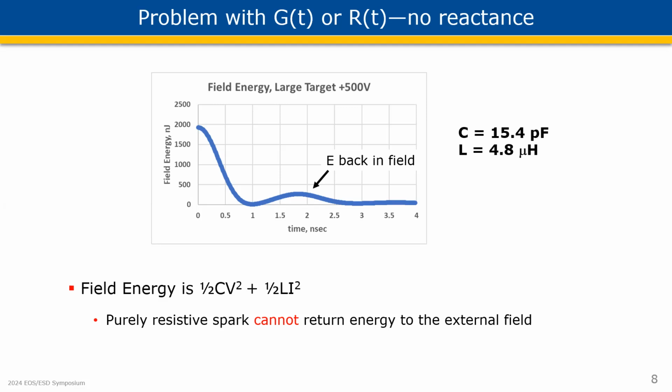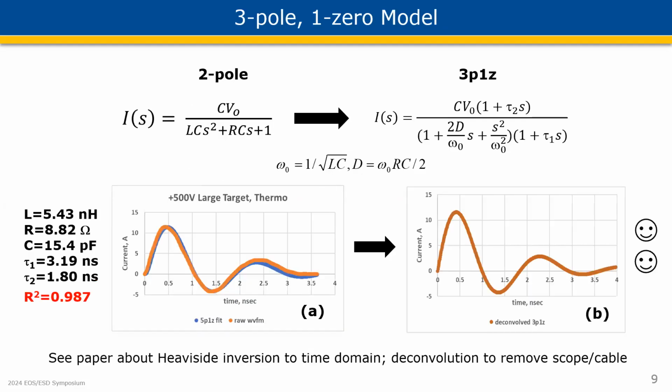Now that can't happen if we have a pure conductance or resistance as the spark model. We have to have a reactive element, energy storage of some kind, so that energy is stored in the spark at first, as well as being dissipated, and then goes back into the field. So we're giving that a meh as far as our attitude toward GUT, since we have to augment it with a reactance of some kind in any case, and it's not very easy to find a good fit.